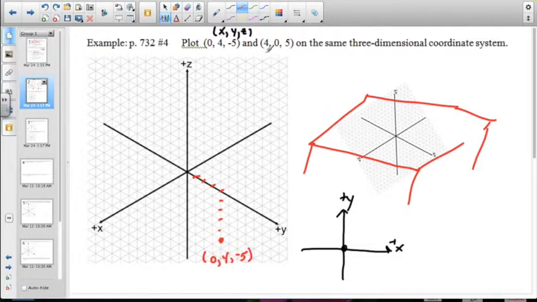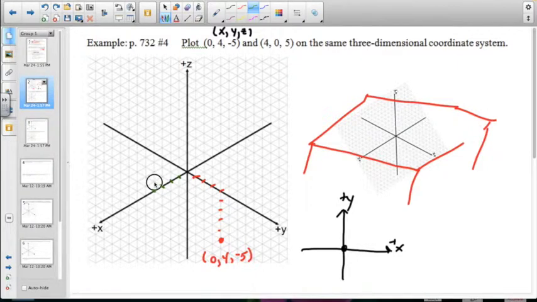The second point, 4, 0, 5, you would look at as 4 out in the x. So positive x, 1, 2, 3, 4 along there. It's not going in the y direction, so we're not coming along this direction into either of these quadrants. And then we're going up 5.